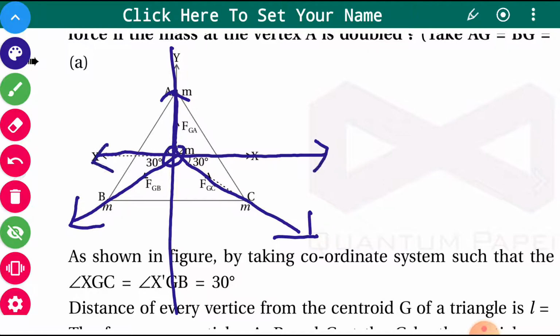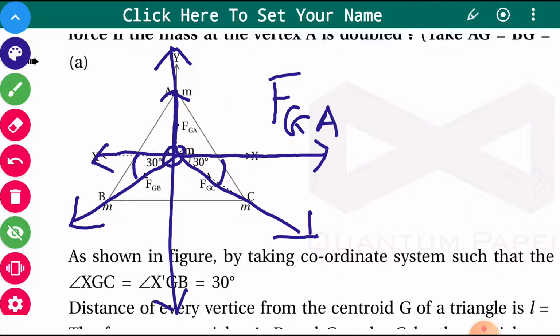These are the axes shown here, and this angle will become 30 degrees according to the geometrical rules.